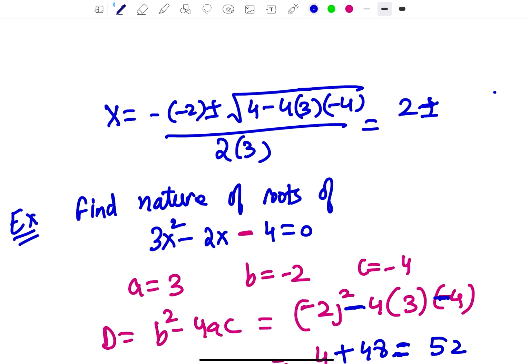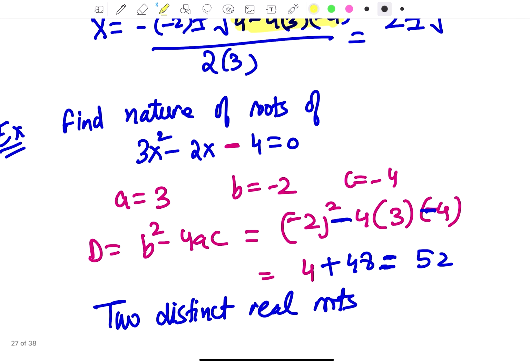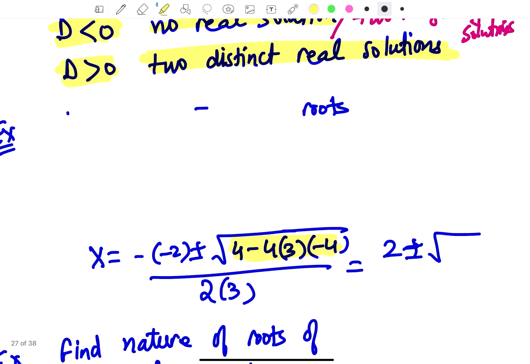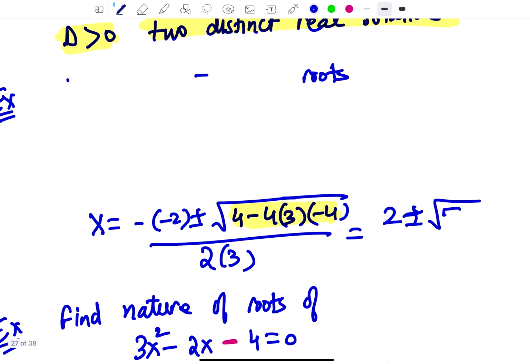So 2 plus minus, this is the piece that we just found, that's our discriminant, and that's the square root of 52, divided by 6.